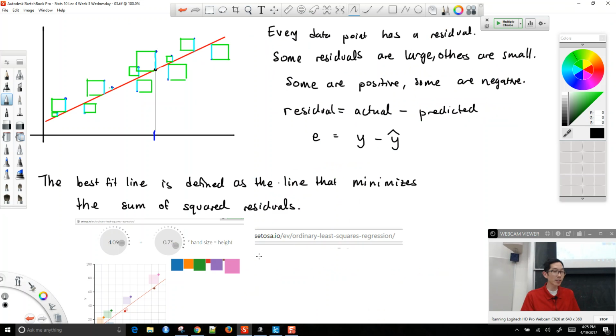The nice thing for us is that for every data set, the best fit line, also called the least squares line, has certain properties.